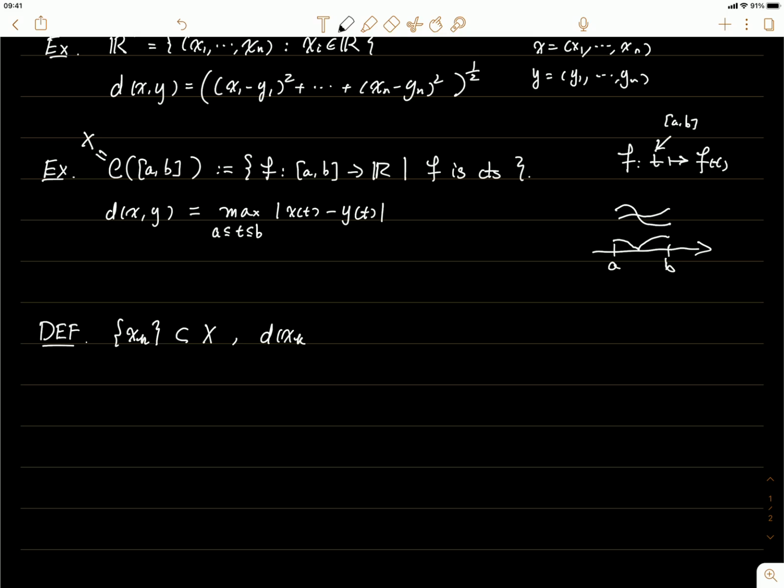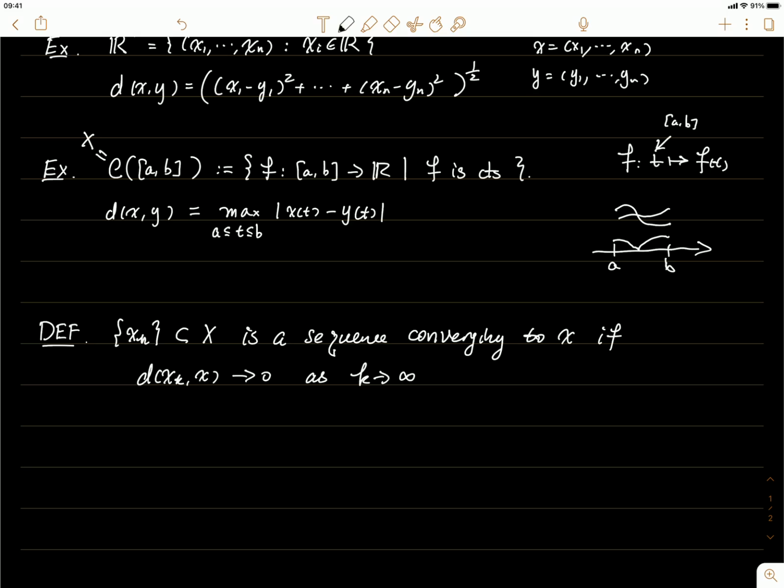So we say that the sequence is convergent or converges to a point x if the distance between xk and x goes to 0 as k goes to infinity.